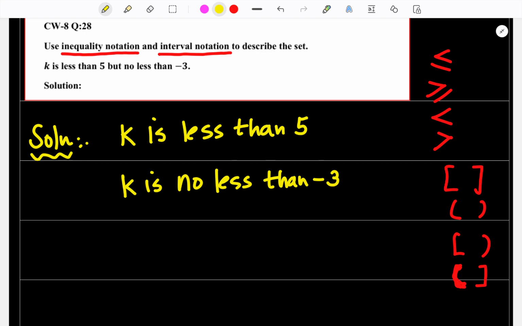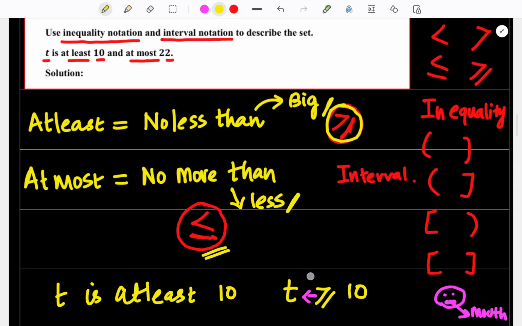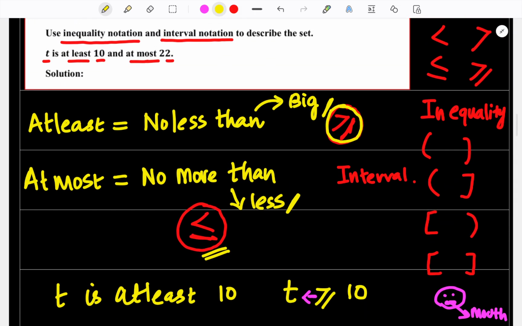K is less than 5. Very easy. K less than 5. Finished. Right? What is the next one? K is no less than. Slowly you go, slowly. I explain this word. No less than means what? At least. At least means what? Just see here. Bigger or equal to.